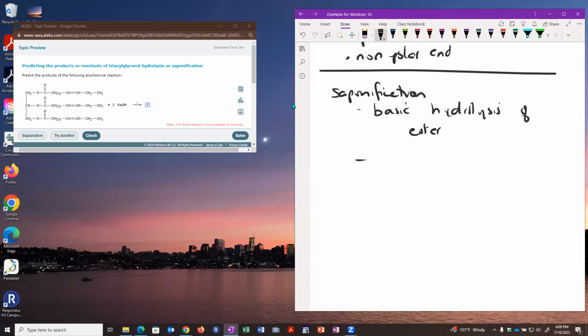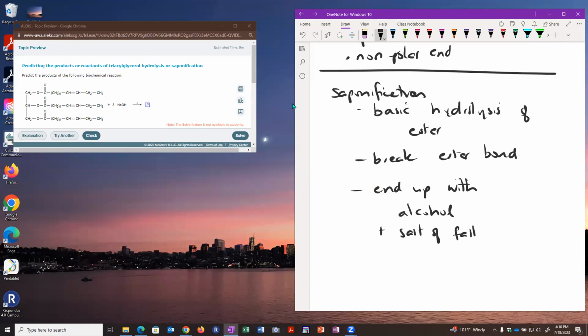Okay, so we're going to break the ester bonds. And what we're going to end up with are going to be the original alcohol and the salt of the fatty acid.